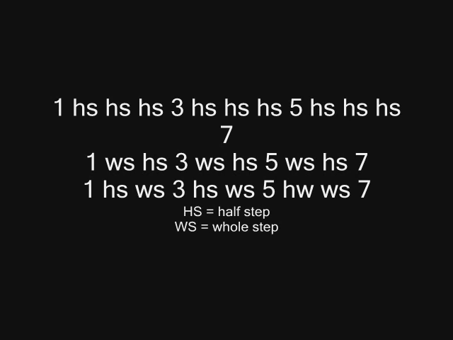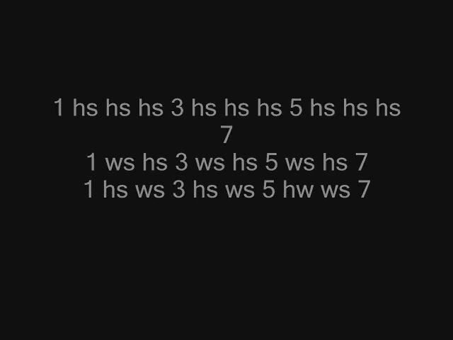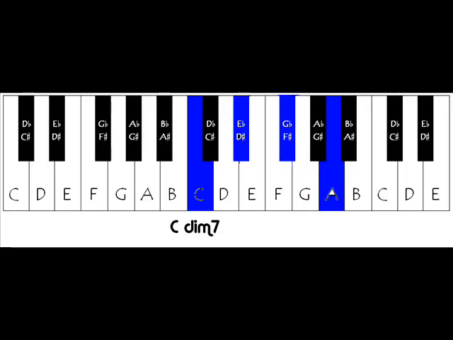Or from C, half step, whole step, or whole step, half step, they'll all land you on that same note. But I'm going to use the 3-step system because it's easier to count out. So from the E flat, 1, 2, 3, lands us on the G flat, and 1, 2, 3, lands us on the A, or the B double flat. That's how you form the chord.